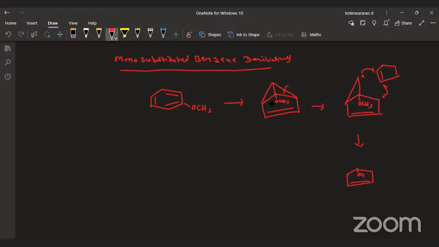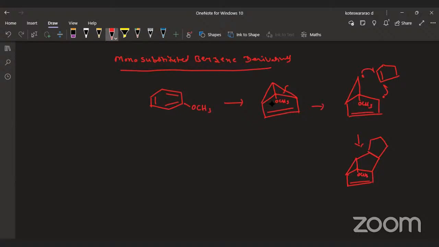This is OCH3. Then it leads to bond formation. That is the product which is generated.